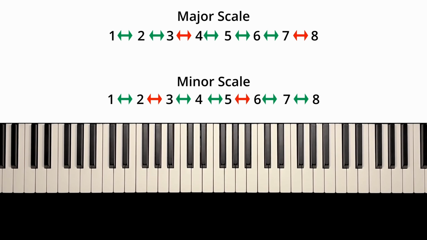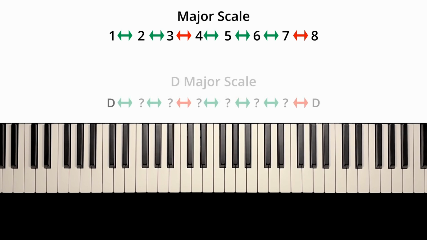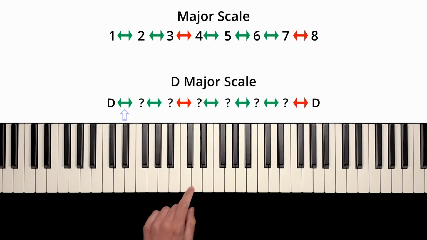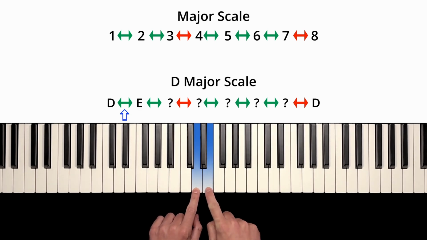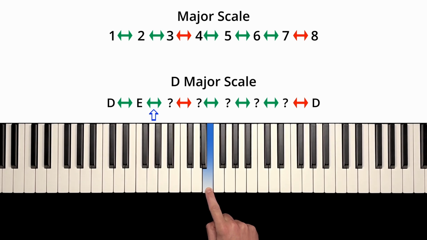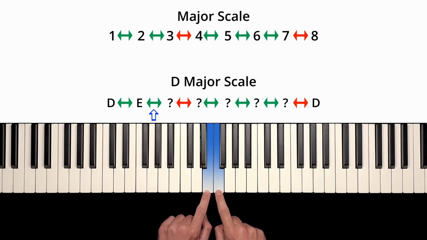Just to give an example, let's build a D major scale. The first step is a whole tone, which takes us from D to E. Now we need another whole tone. Since E and F are only a semitone apart, our third note has to be F sharp.